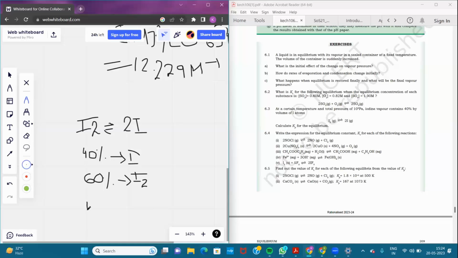As the total pressure is given, we can calculate the partial pressures with the help of mole fractions.